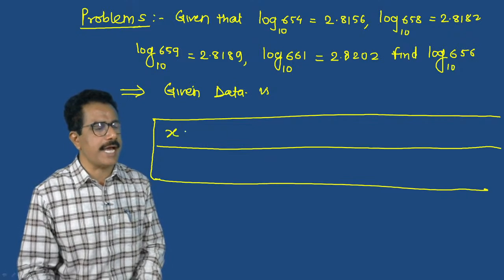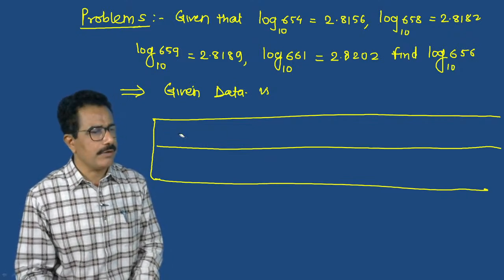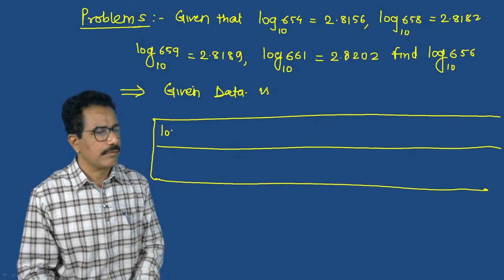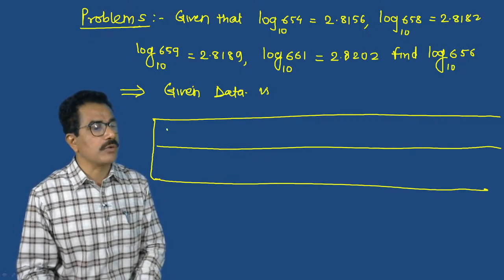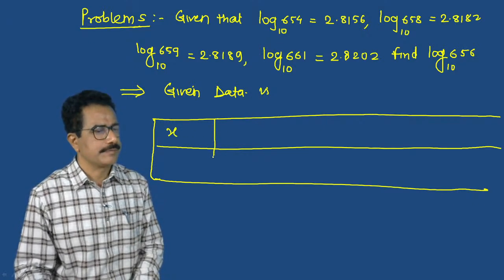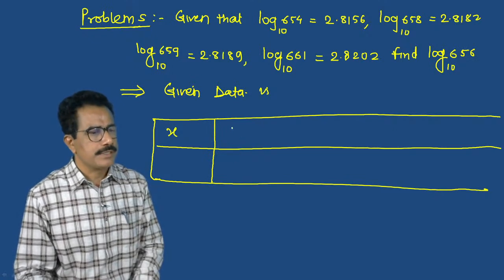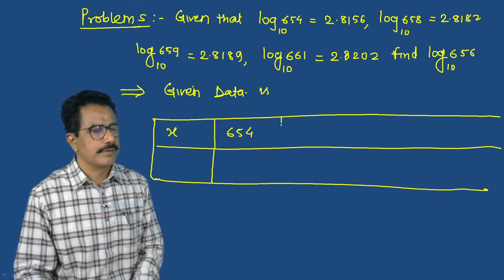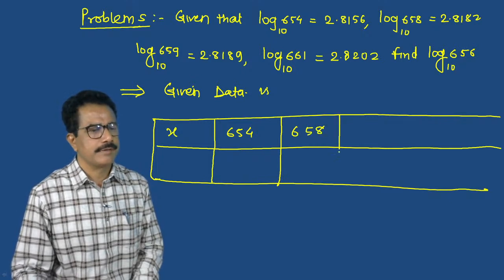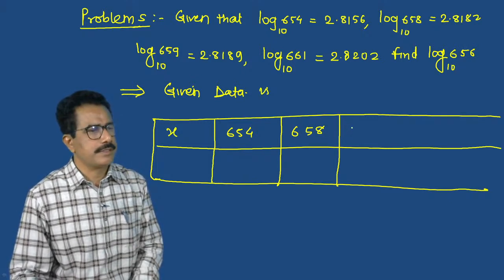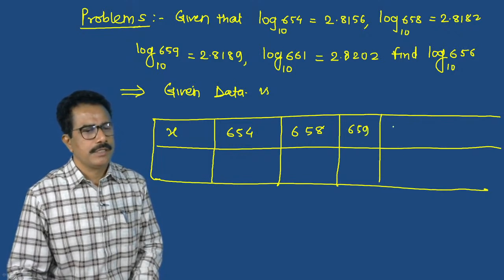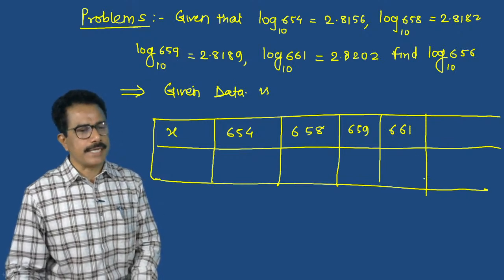Values of x are, which are those? 654, 658, 659, 661. These are the values.